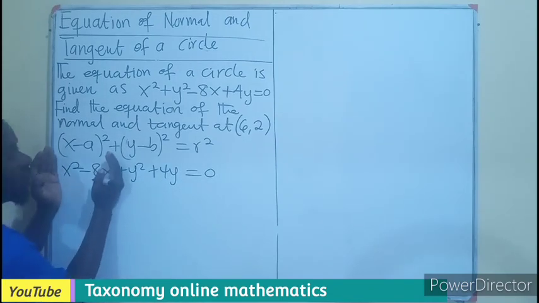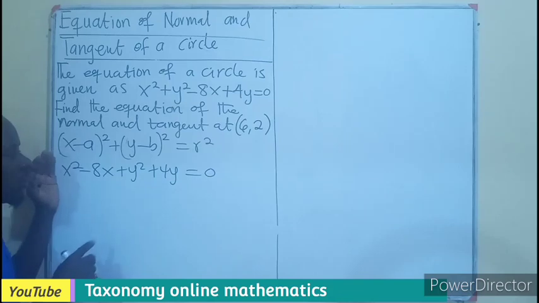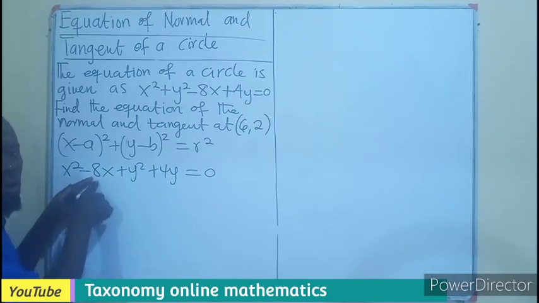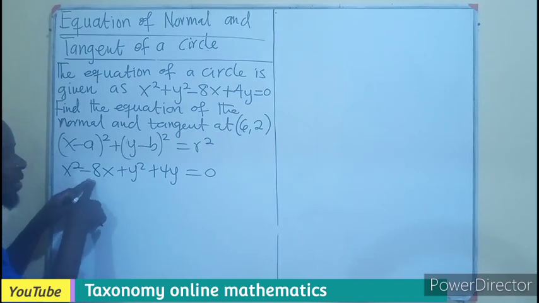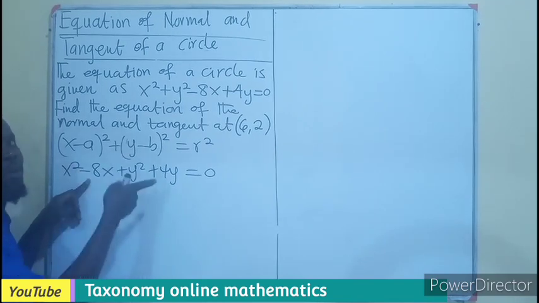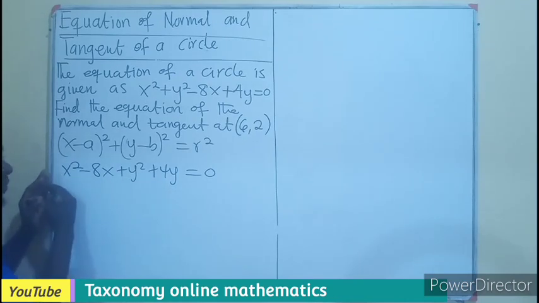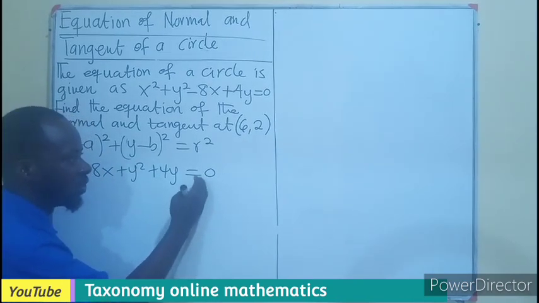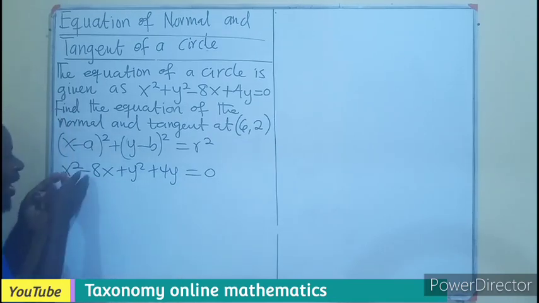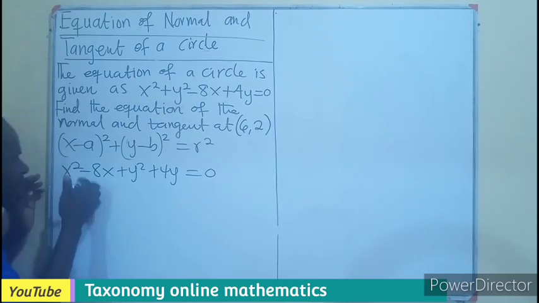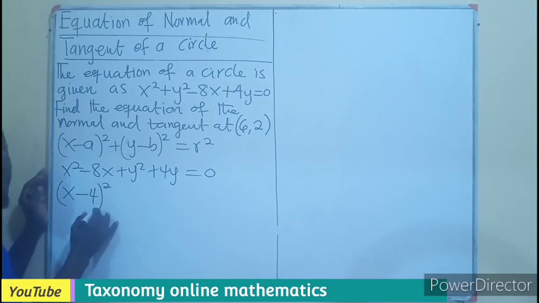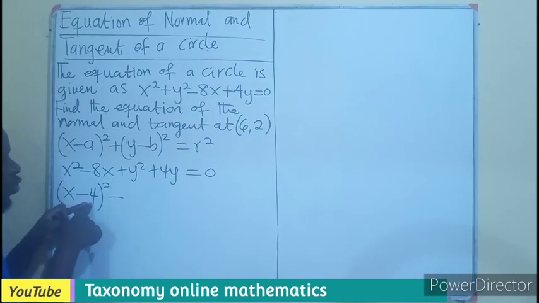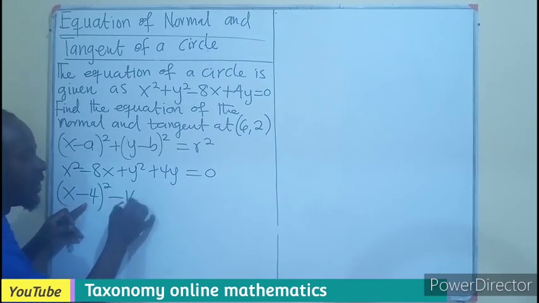So pay attention to this. In completing the square, what do we do? We find half the coefficient of x, and half of this is going to be negative 4, the square of that. We add it to the left and the right. So since we don't want to send it to the right, it means I'll be adding and subtracting it on the left, meaning I'll have (x minus 4) all squared, then minus the square of negative 4, which will be 16.